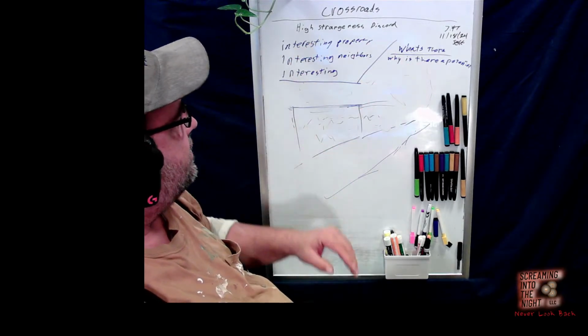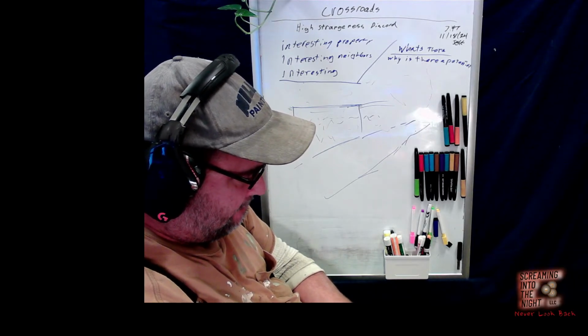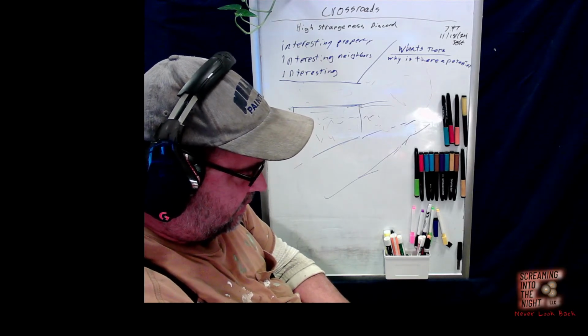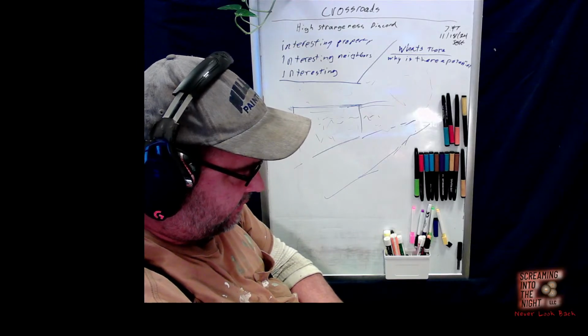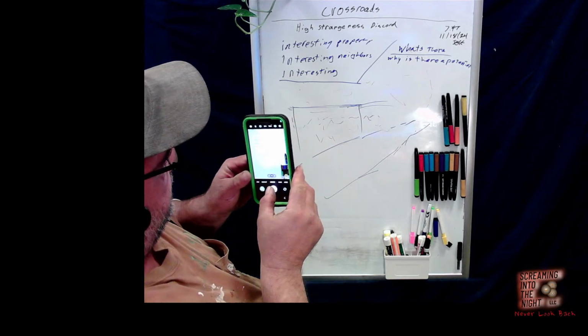Let's just call it a field. So what I'm going to do is take a picture of it real quick. And then once I take a picture of it, we'll erase everything and go on to the field.